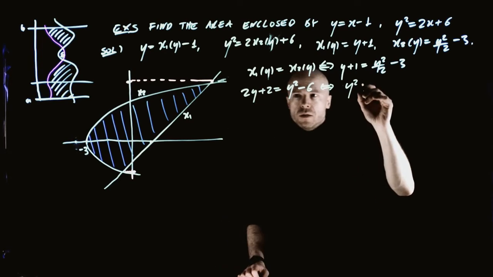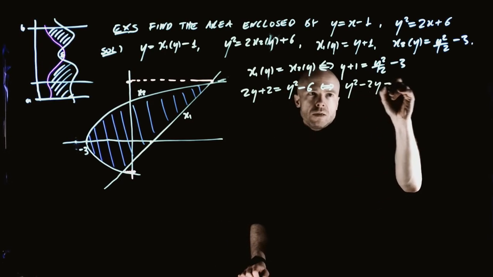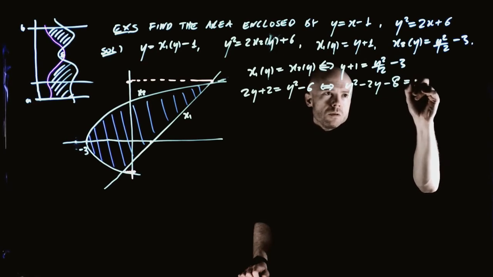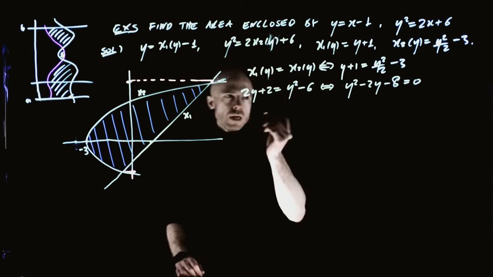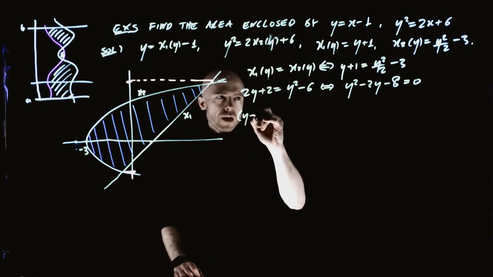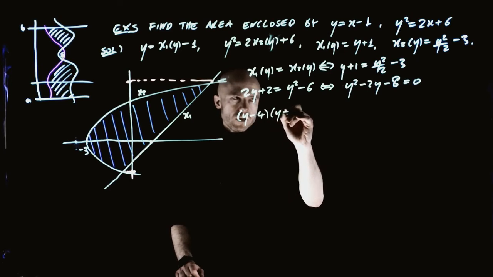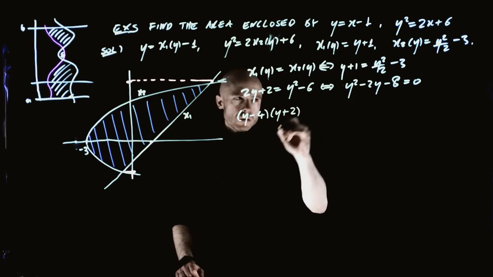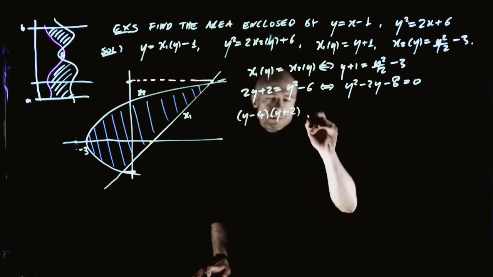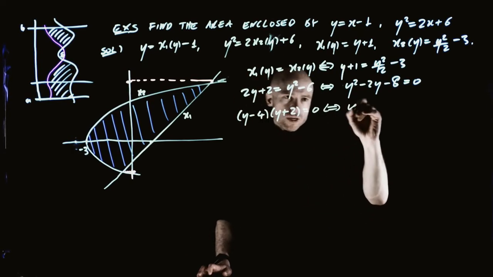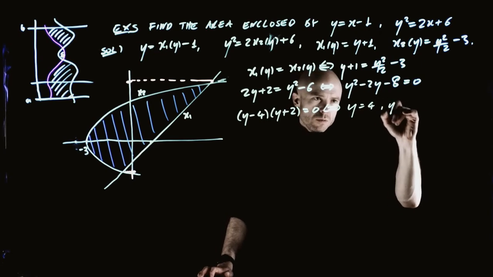Y squared minus 2y minus 8 equals 0. And then what? Then factor it. Y minus 4, y plus 2. Yeah? Equals 0, which implies y equals 4 and y equals minus 2.